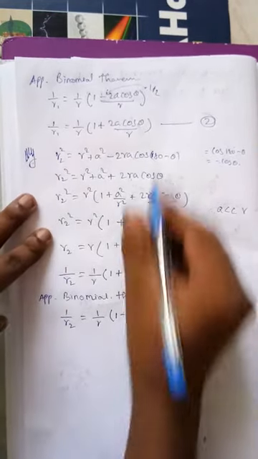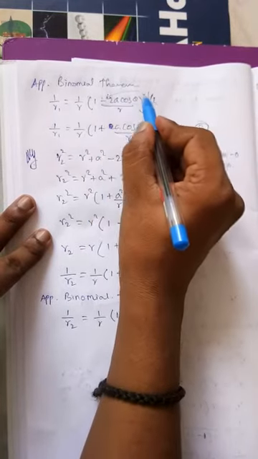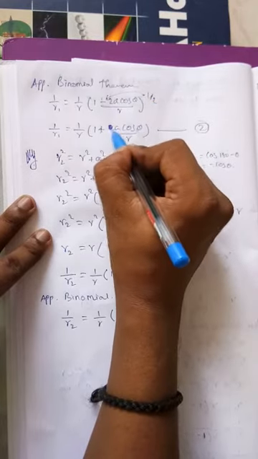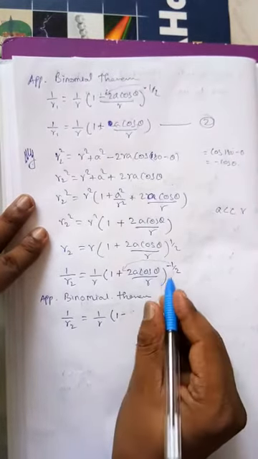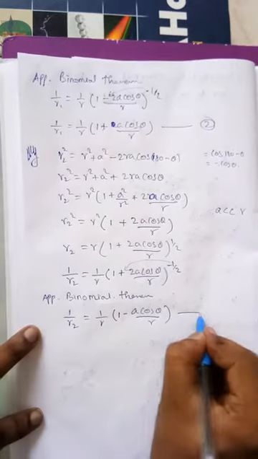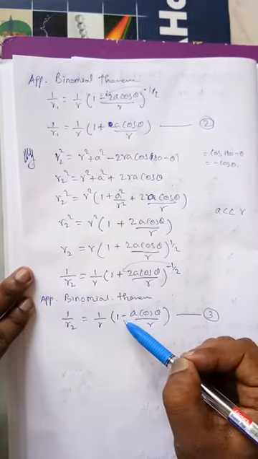So here also 2 cancel. So 2 will not come here because minus into minus plus, this 2 cancels, a cos theta by R. Here also 2 cancels, a cos theta by R. So this is equation number 3. Here the only difference is here plus, here minus.